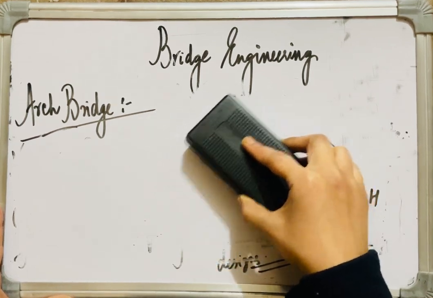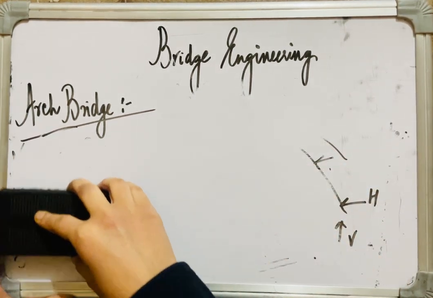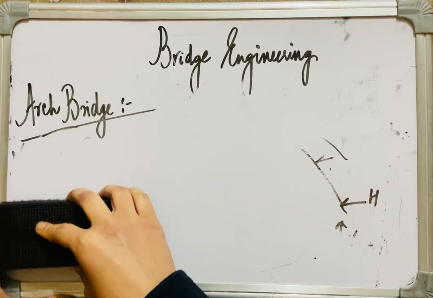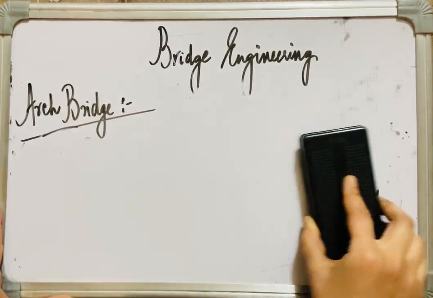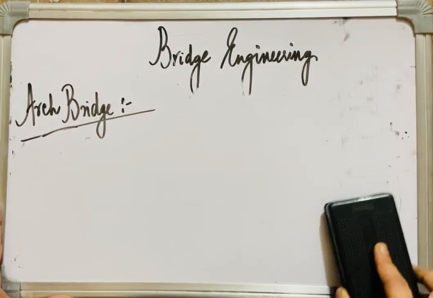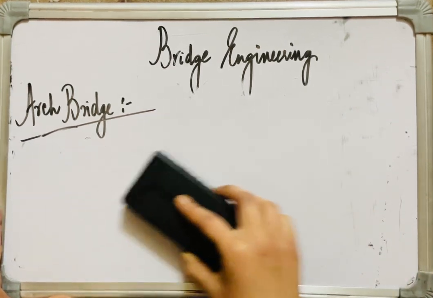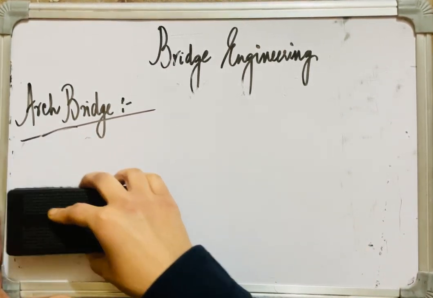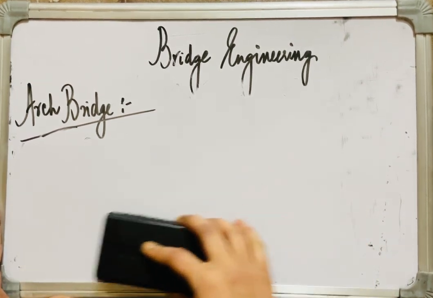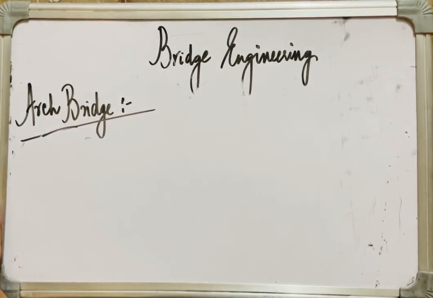The arch bridge is that type of bridge wherein we use one or more arches to support the load from the deck, and they are positioned beneath the deck, and this curved shape of the arch allows efficient load distribution, and this arch shape converts the vertical forces into compressive forces along the arch ribs. All right, but the loads in case of an arch bridge are primarily carried in compression, with the reactions at the supports being both horizontal and vertical.